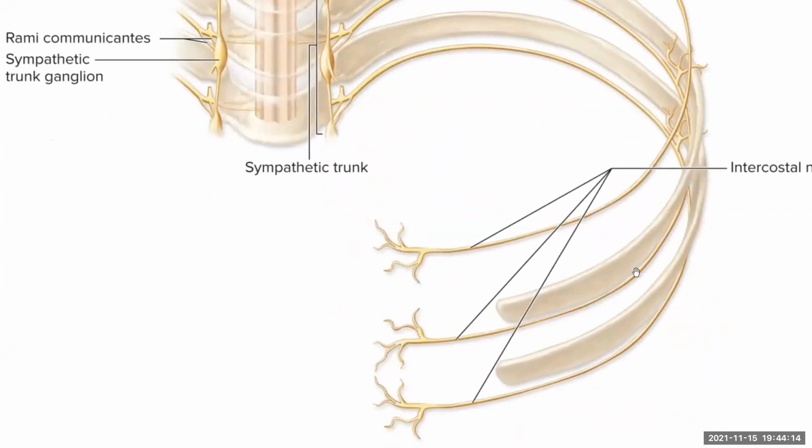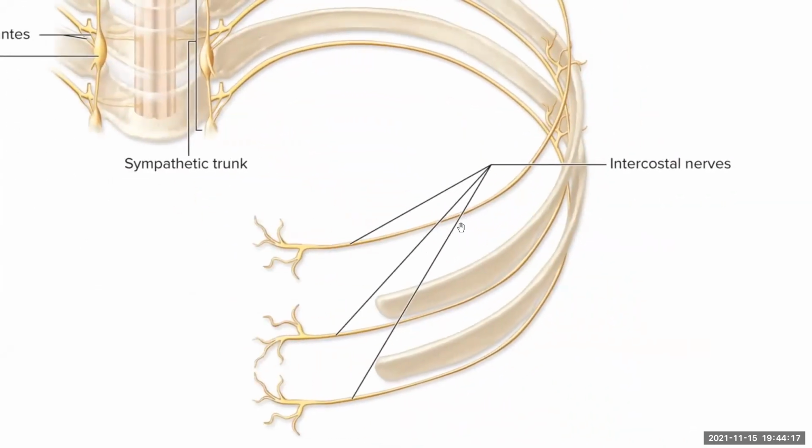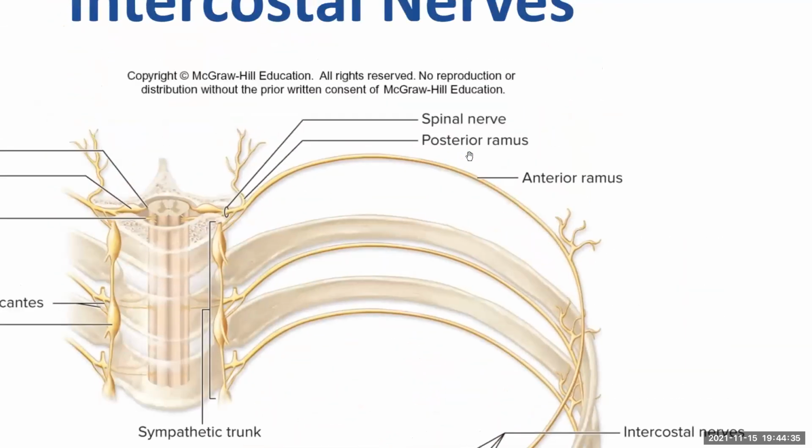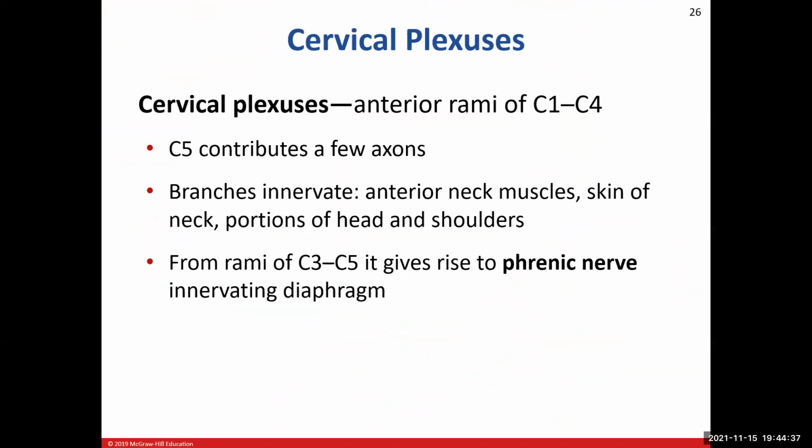Then we swing around to the front, and we'll see the intercostal nerves giving off branches that also give sensory innervation to the anterior portion. Depending on which ramus we're talking about, it's going to affect either intercostal muscles or some of the abdominal muscles and the intercostal muscles.